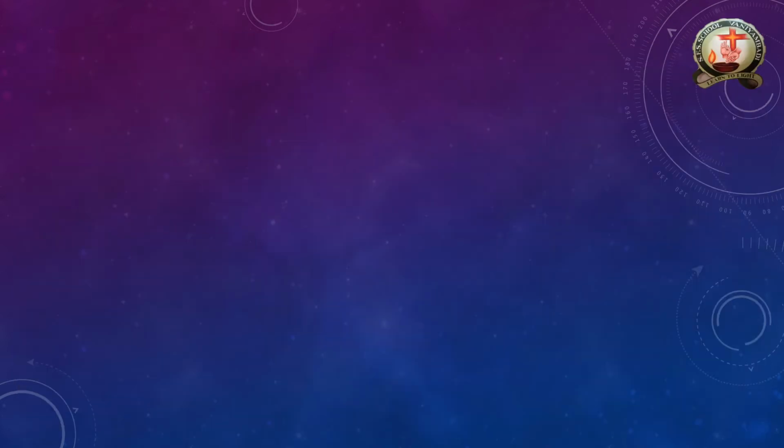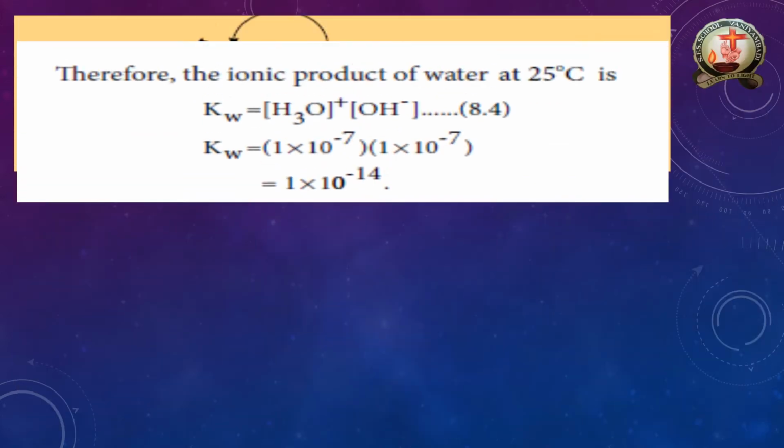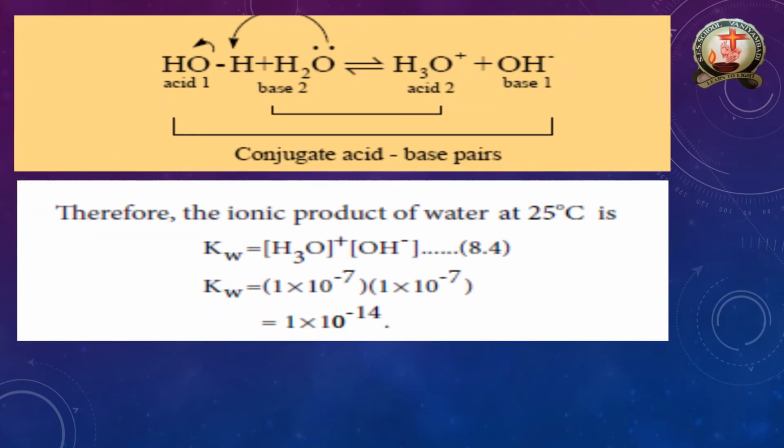In the above expression, one water molecule acts as a base and an acid, as I already explained. Now I will give the ionic product of water at 25 degrees centigrade. For pure water at normal room temperature, the ionic product is 1 into 10 to the power minus 14.